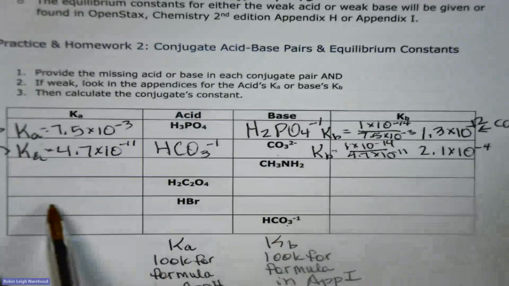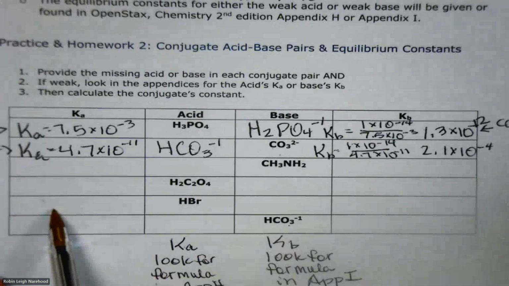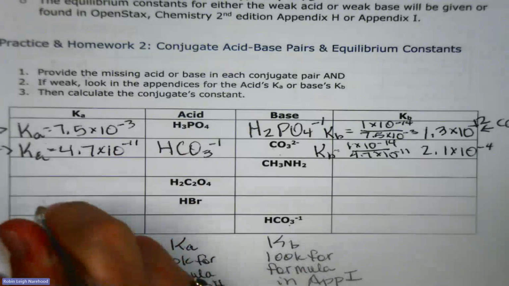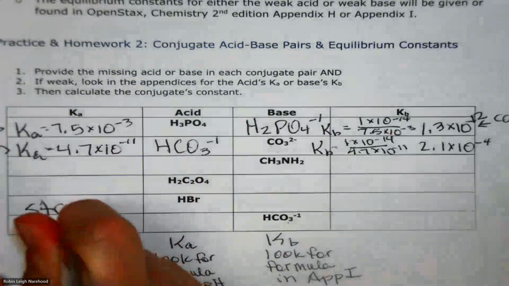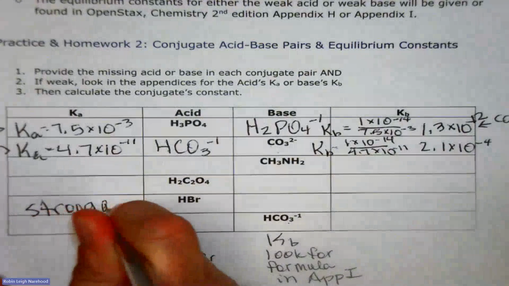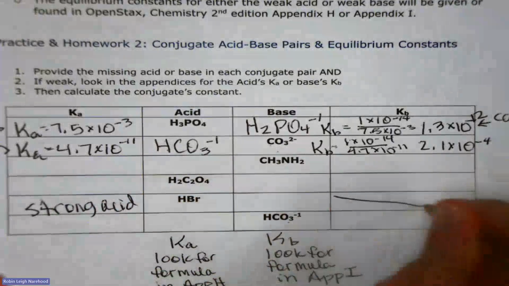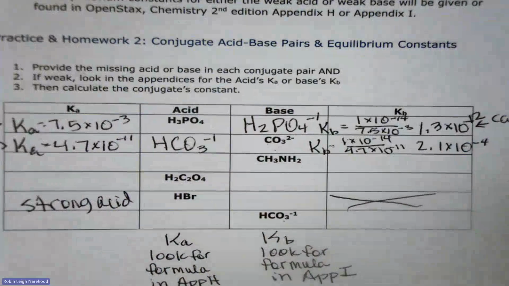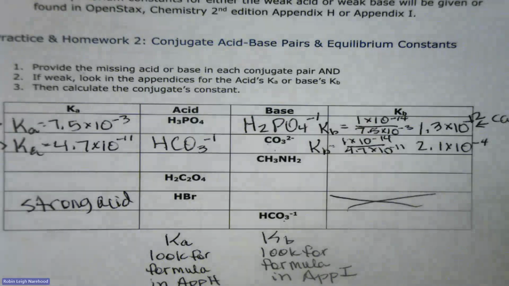So what should we put right here? We can just put strong acid. And there is no equilibrium with its conjugate. So when HBr dissolves in water, it goes one way to form its conjugate base.